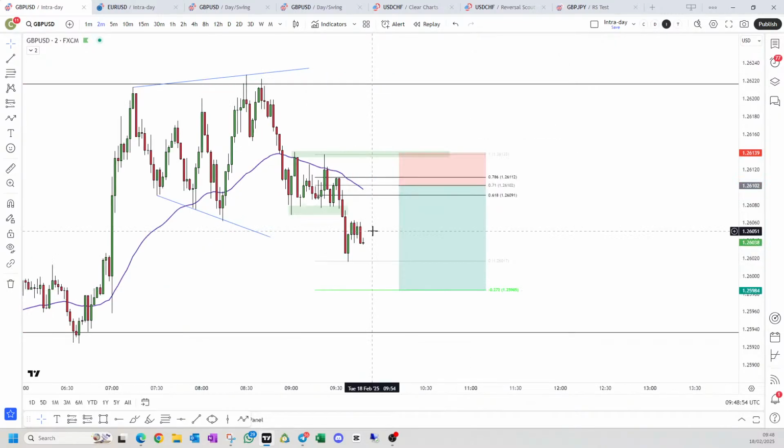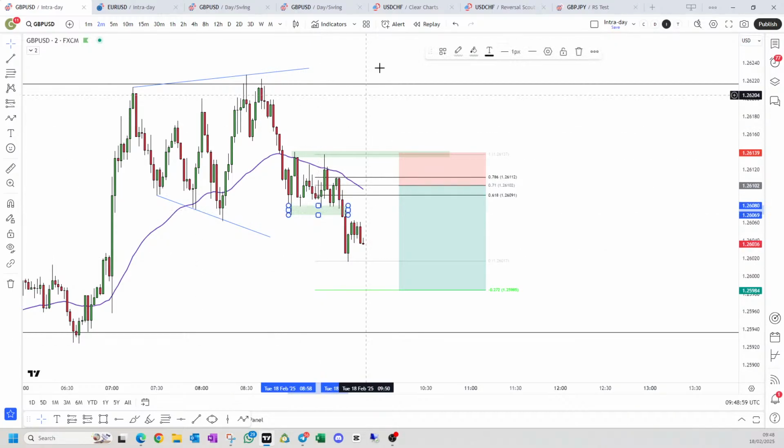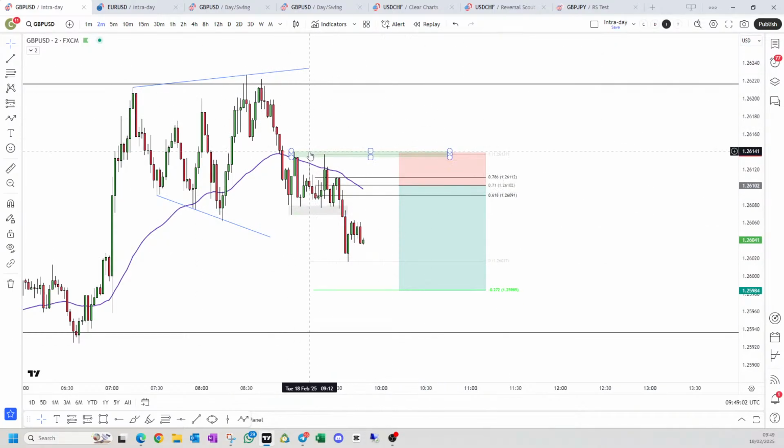And we do have a decent setup here on the 2 minute. We just need to see if price will pull back for us or not, and if it will do so in a sensible manner without wicking us out.